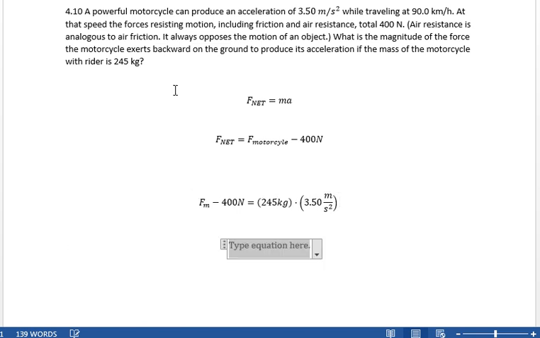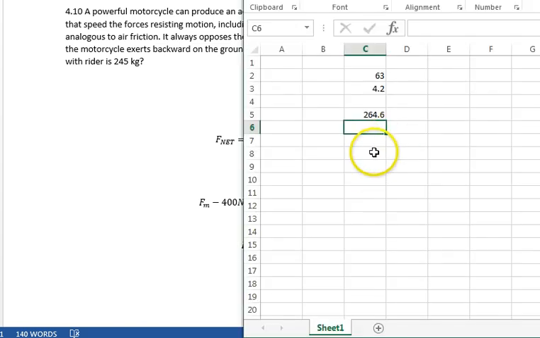So the force on the motorcycle exerted by the ground, or the force the motorcycle has to exert backwards, is then 400 newtons plus the 245 kilograms times 3.5. Let's get what that is real quick. 245 kilograms, 3.50 meters per second squared.